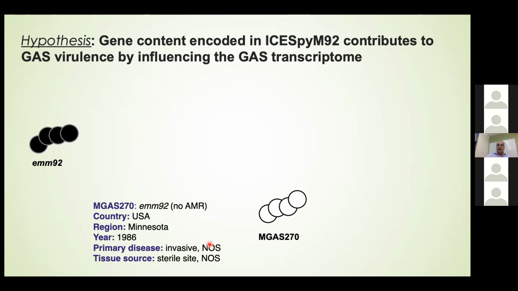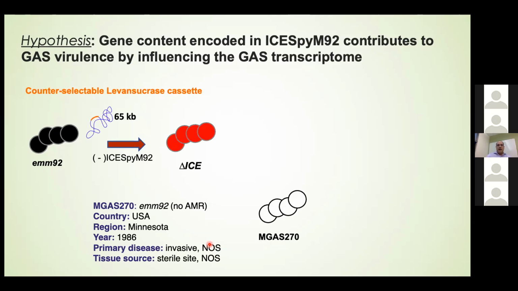And for that, we used the MGAS270 strain, which is also an M92 serotype strain, but does not contain ICE-M92, nor does it contain any other antimicrobial resistance. We also tested our hypothesis by generating isogenic mutant strains of the ICE in both of these backgrounds.